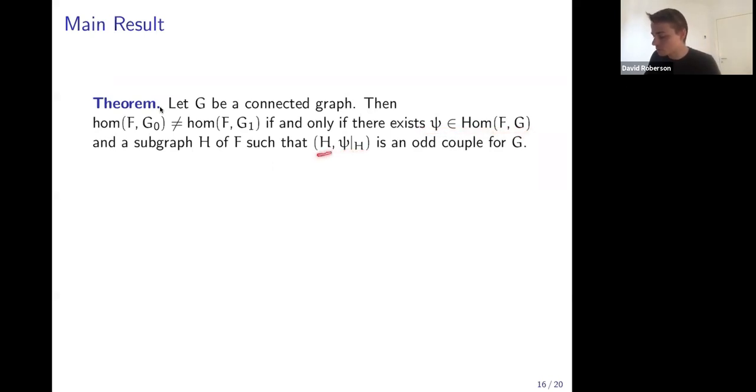So you just need to pick some subgraph H such that the restriction to it is an odd couple for G.